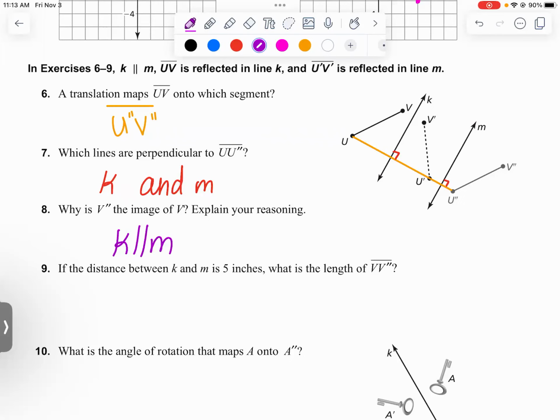Now, if the distance, so I'm going to highlight it, let's do blue. If the distance between K and M is 5 inches, then what is the distance between V and V double prime? And we double it. Very good.